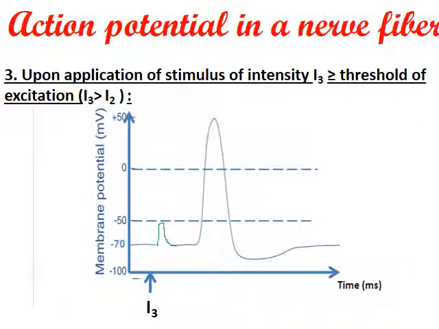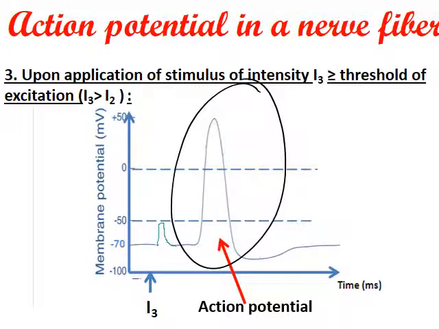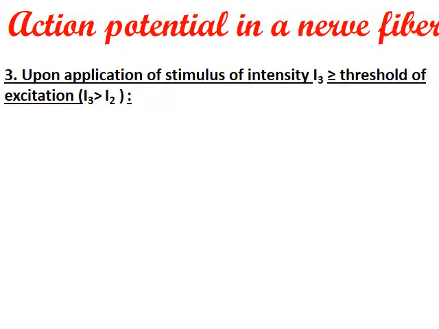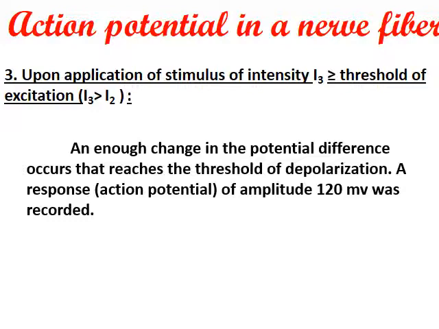Third, upon application of a stimulus of intensity I3, I3 is greater than or equal to the threshold of excitation. I3 is greater than I2, so we have a small artifact and we have an action potential here. This is the action potential that I'm talking about. Enough change in the potential difference occurs to reach the threshold of depolarization. An action potential of amplitude about 120 millivolt was recorded.